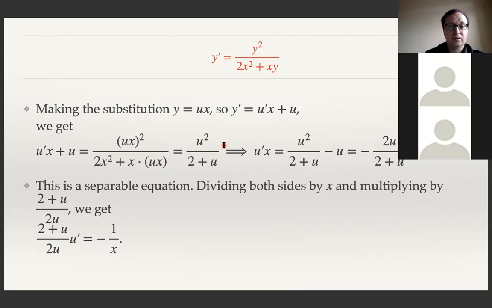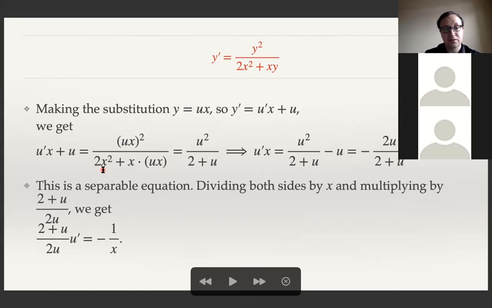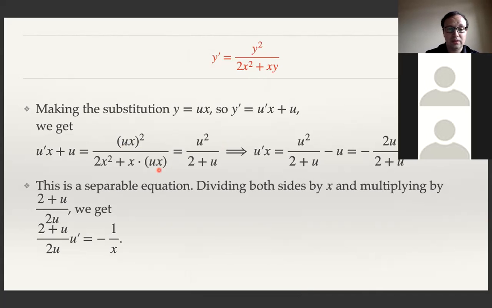Now notice, and this is important, that all the terms, both in the denominator and in the numerator, contain a factor of x squared. Here, ux quantity squared is equal to u squared times x squared. 2x squared is twice x squared. And x times ux is the same as u times x squared.